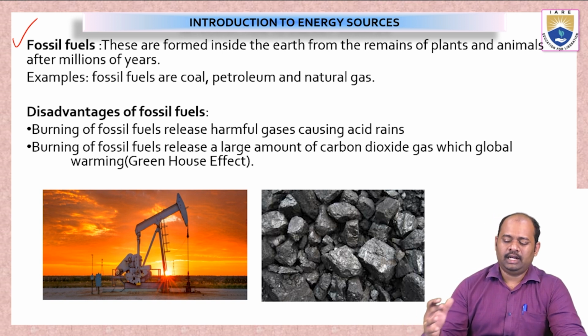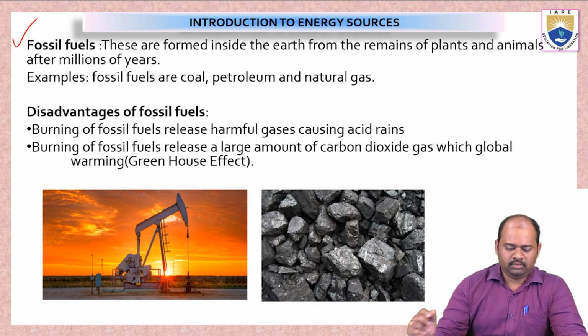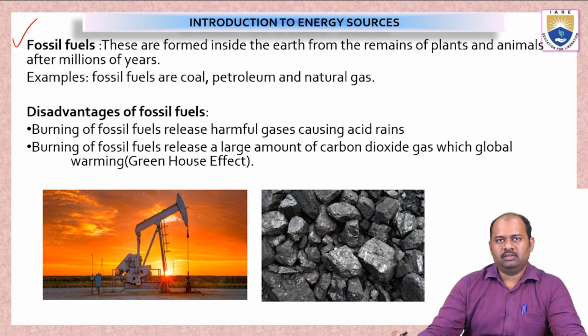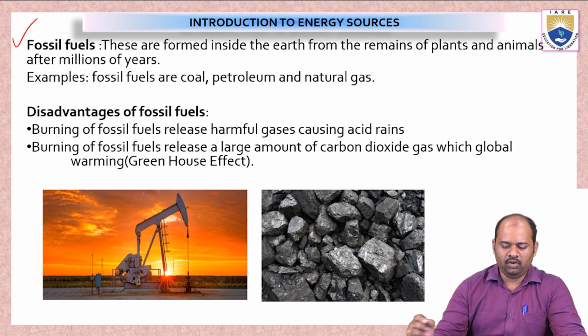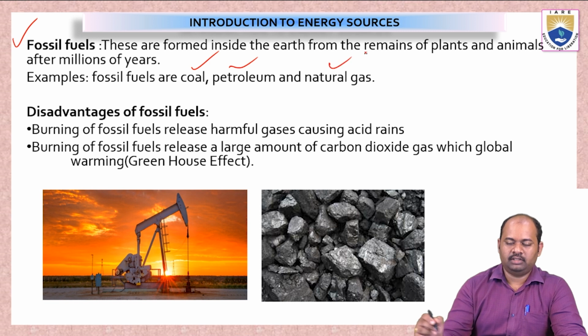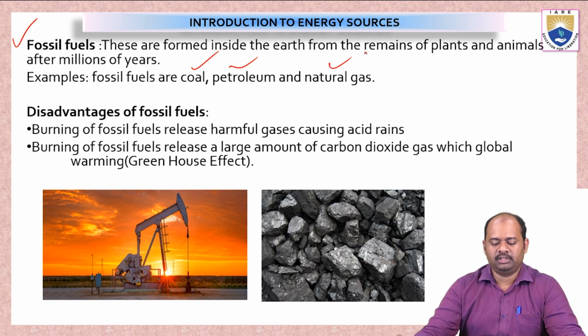They were converted into such a form that they can be easily combusted. Now, these are called fossil fuels. Some examples of fossil fuels are coal, petroleum, and natural gases.